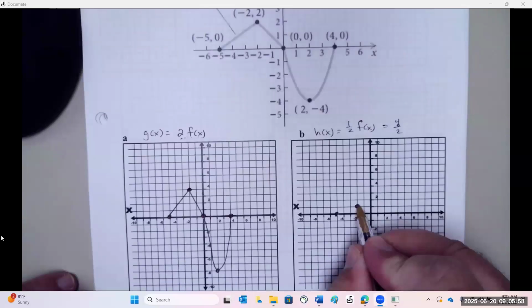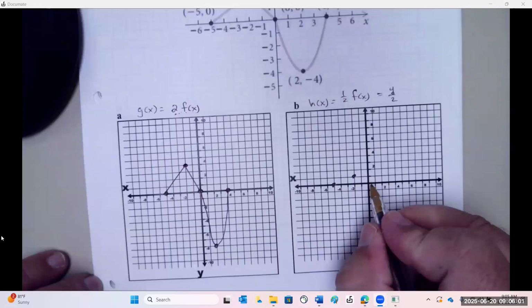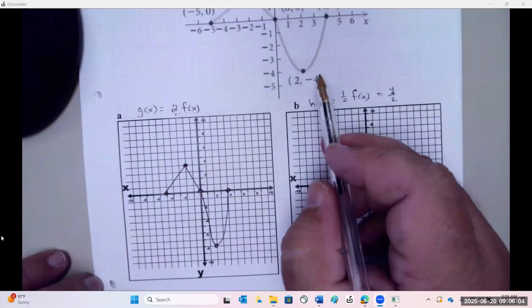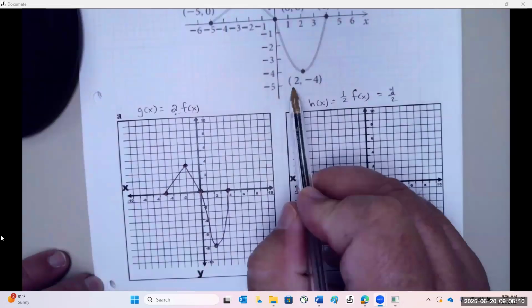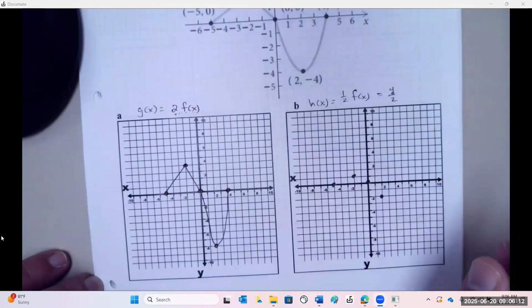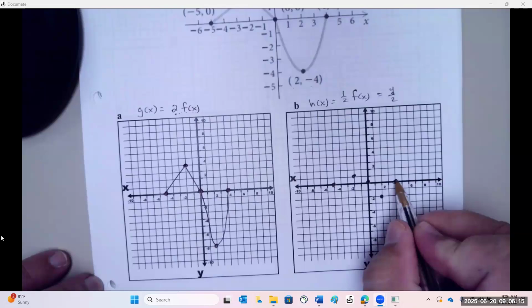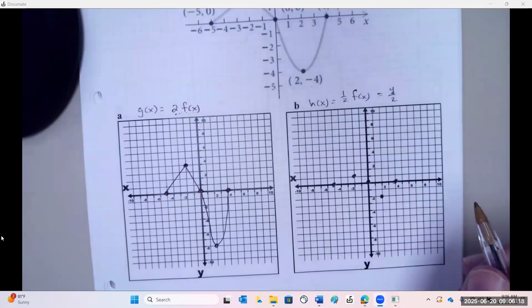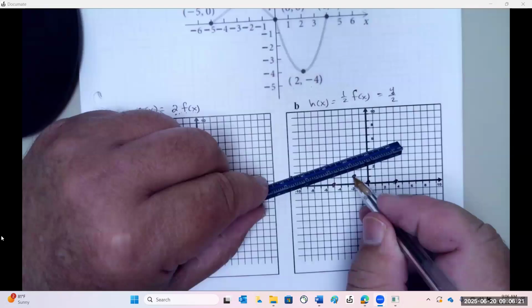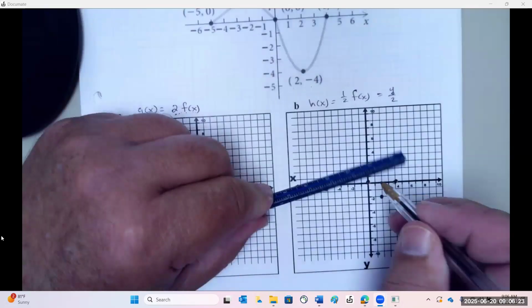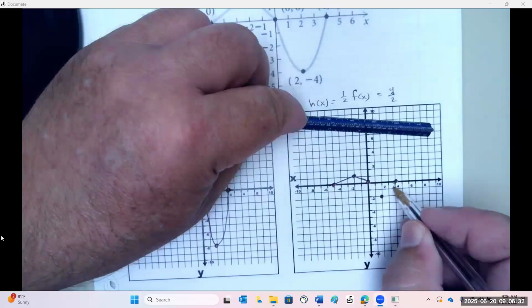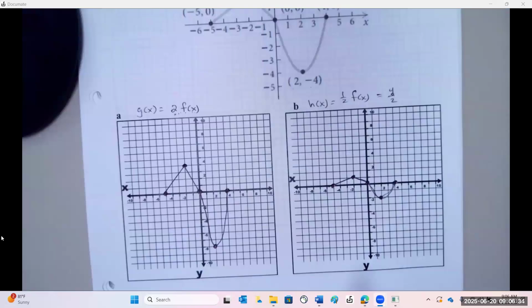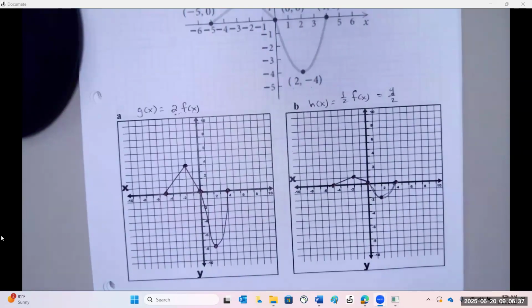At 0, 0, it stays there. At 2, negative 4, it becomes 2, negative 2. And at 4, 0, it stays what it is. So what this one tells me is my graph is a vertical shrink. I compress it. So far, so good.